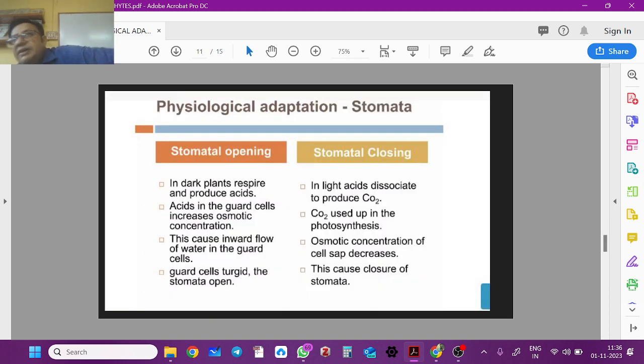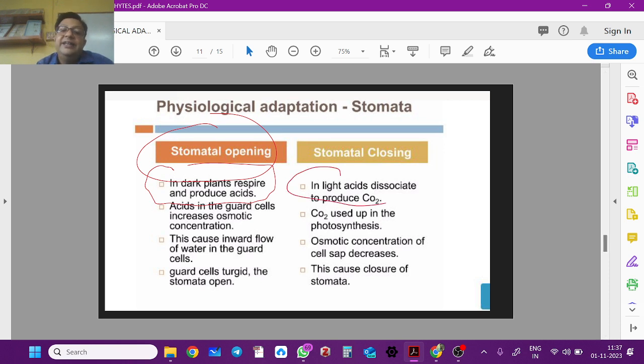Now let me talk about the physiological adaptation. This was morphology and anatomy we have seen, especially the anatomy. If you look at the stomatal opening, in the dark, at night, plants respire, not photosynthesize, and they produce acids, lactic acid and so on.